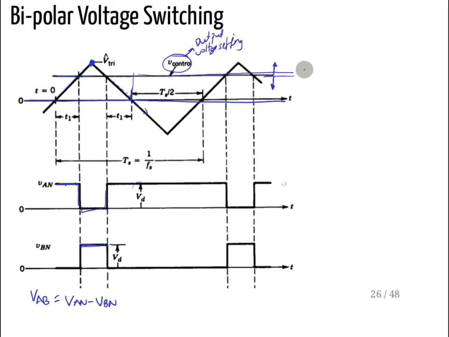Whenever it goes to a larger value than that, I'm generating too much voltage, so let's apply a negative voltage. So VAB will be minus VD over this region.